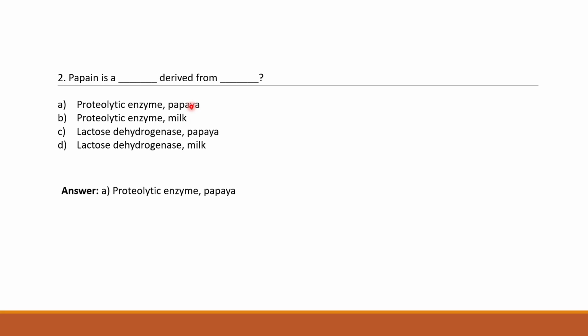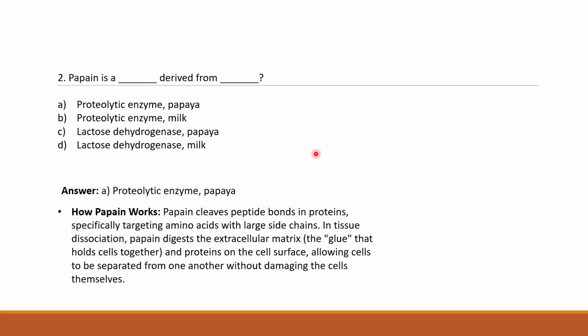But more than that dose, you should not overeat raw papaya. So that high amount of papain is also harmful to your body tissues. Okay, how papain works. Papain cleaves the peptide bonds in proteins, specifically targeting amino acids with large side chains.